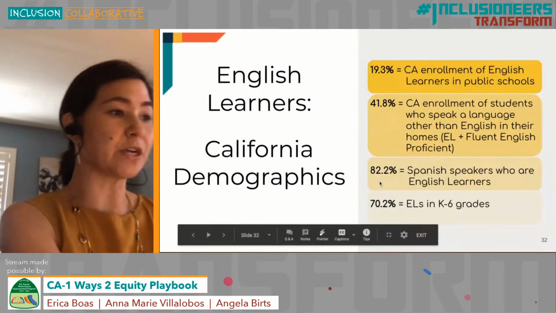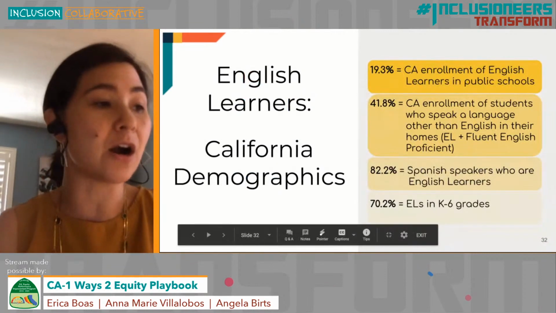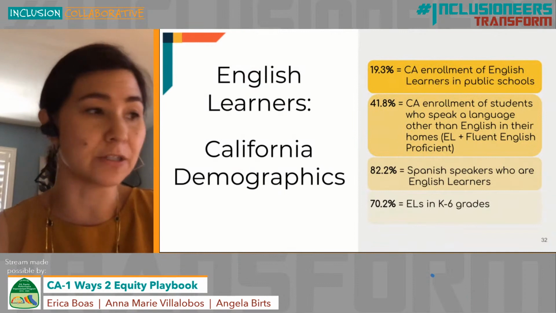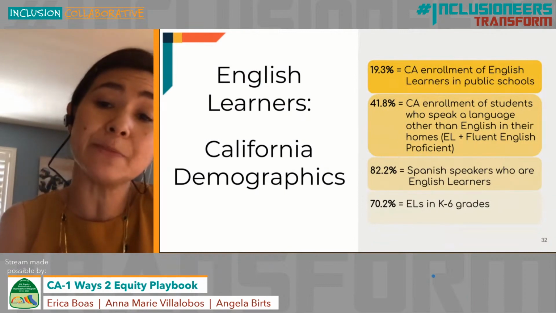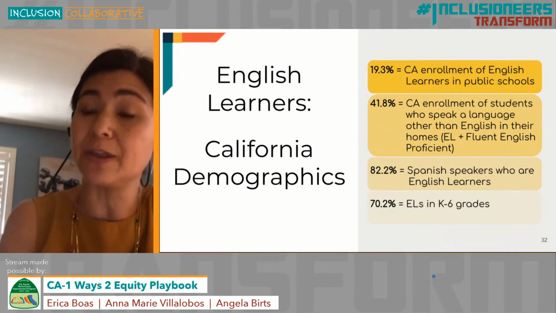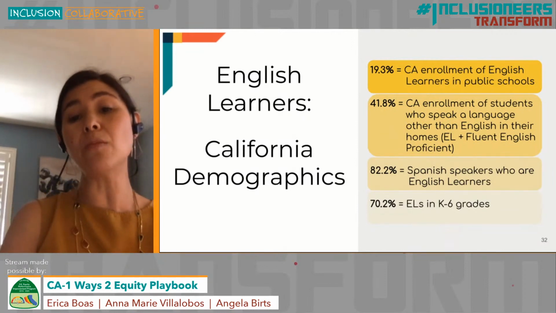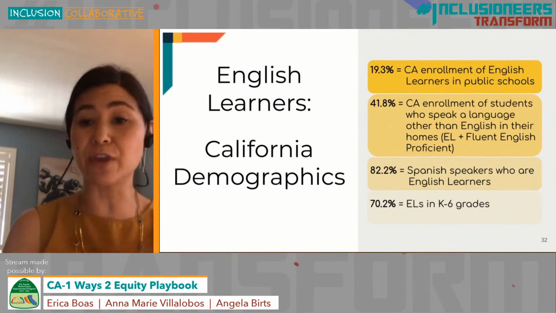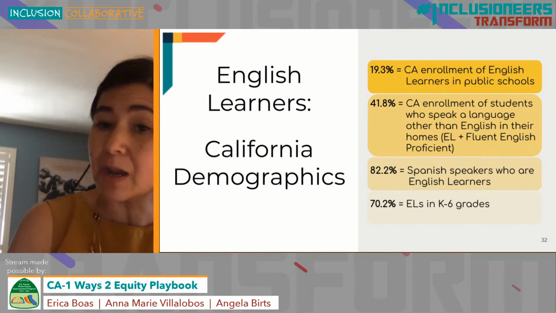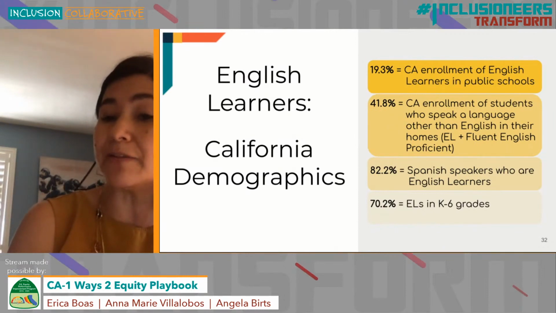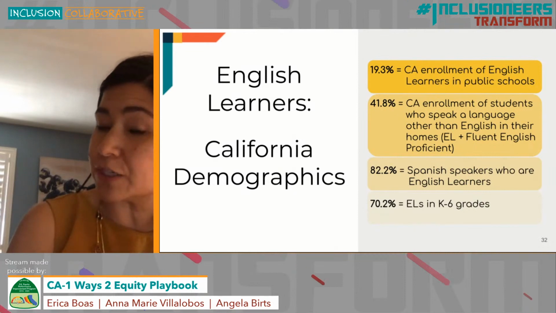So just to start, I want to ground us in the California context of students who are English learners. About 19% of California enrollment in public schools are English learners, and almost 42% of enrollment is students who speak a language other than English in their homes.